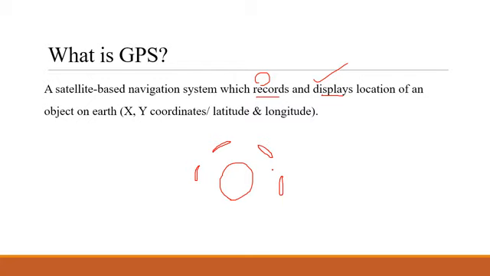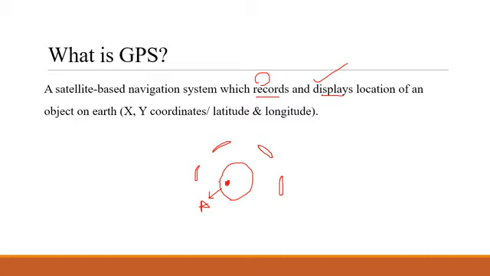In this constellation, GPS works like it records the object location and also shows the object location. For example, this is object A and it is located here. This object has some latitude and longitude.